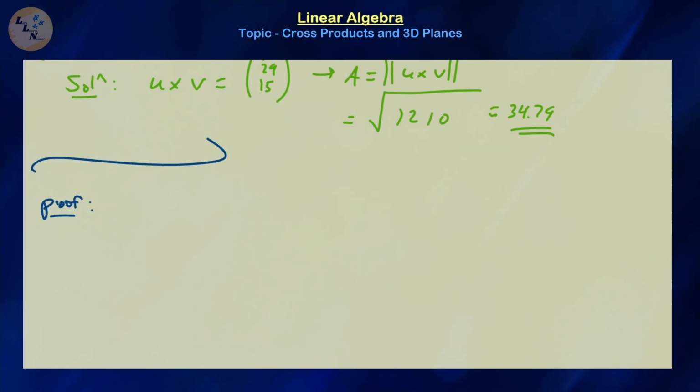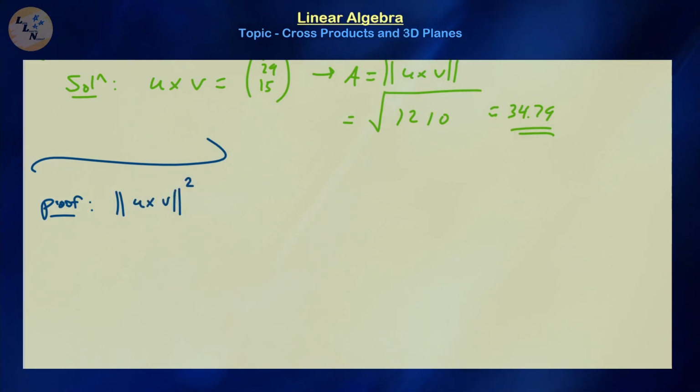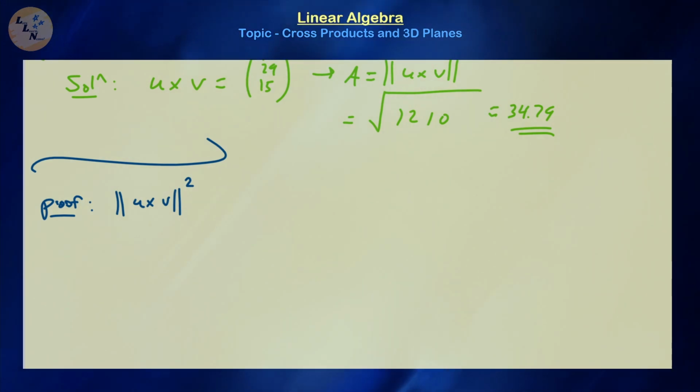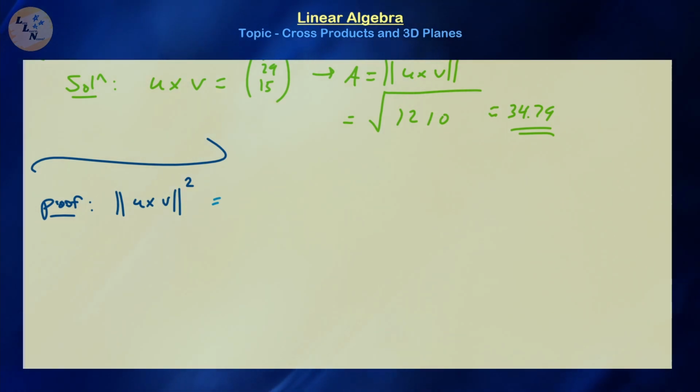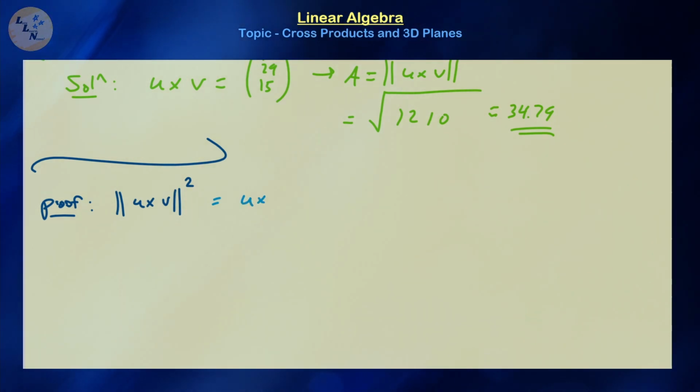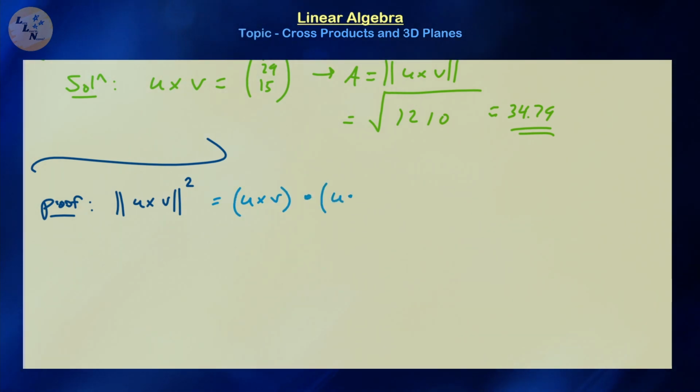Proof. What is the norm of u cross v? Let's actually look at the norm squared so we don't have to deal with that square root. We know that a vector's norm squared is just that vector transpose that vector, or the dot product of that vector with itself. So u cross v, dot product with u cross v.